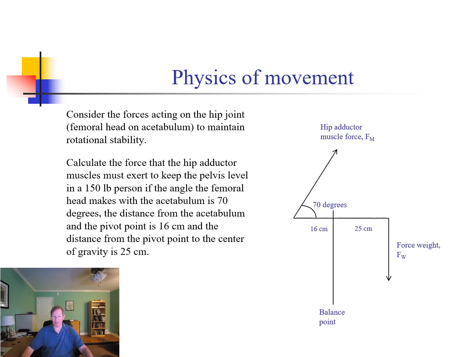For example, in my hip, I have a set of muscles that will tend to keep my pelvis level around some point. What I have in my hip joint is a femur, which has a ball, and the acetabulum, which is the socket. And that ball of the femur fits within the acetabulum and provides for motion.